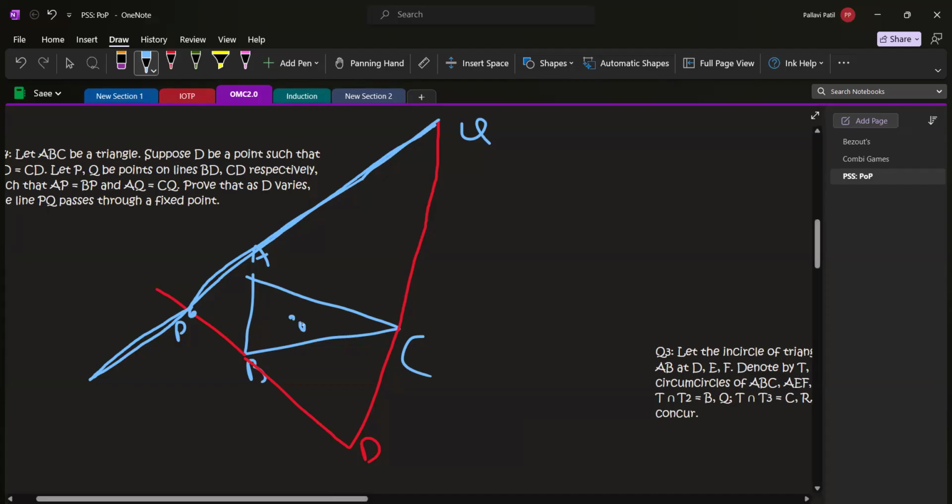Yeah, no worries. DO and PO and QO, these are like the radical axes. Am I right there? Okay.